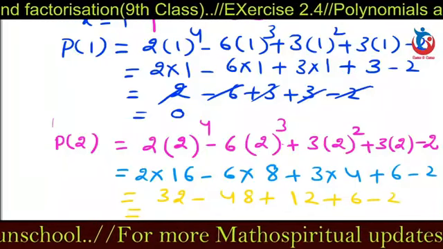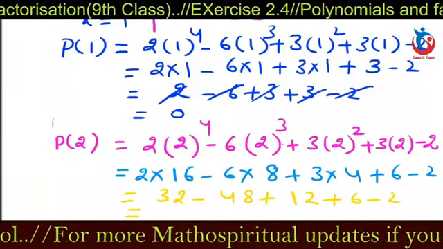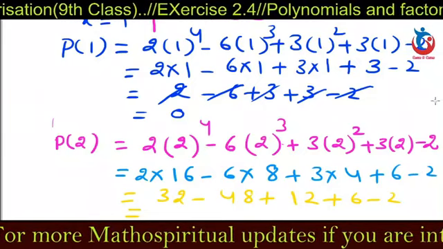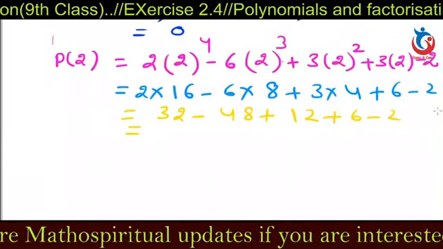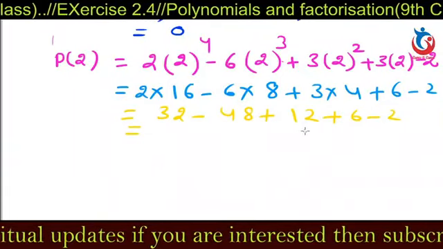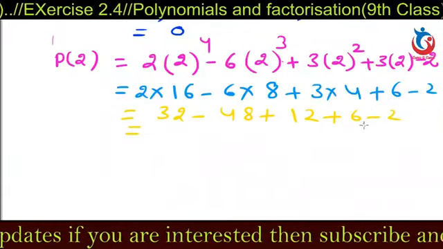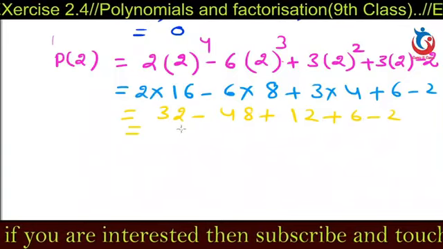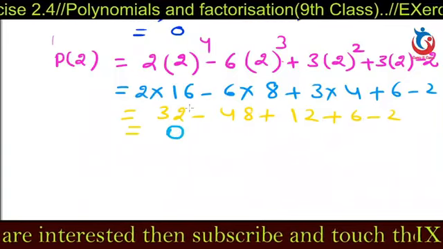So by simplifying, what we get, 32 minus 48 plus 12 plus 6 minus 2, we get 0. Yes, we got 0.